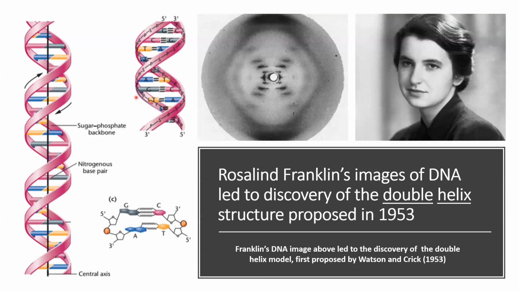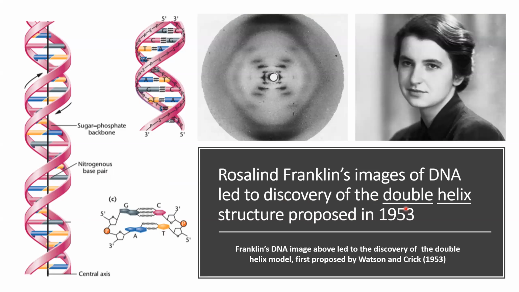And this just shows this scientist, Mrs. Franklin, who was the first to obtain images of DNA, which is shown here. And these images are what led to the discovery of the double helix. So you guys probably already know this, that DNA comes in this double helix as shown in this image here. And this was proposed in 1953.